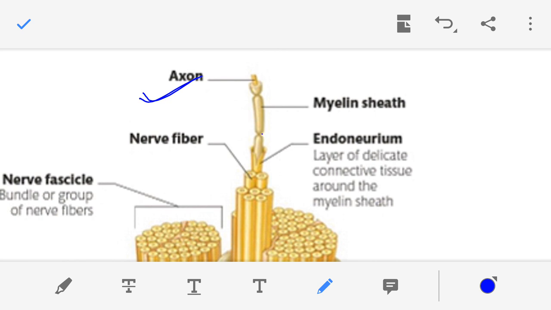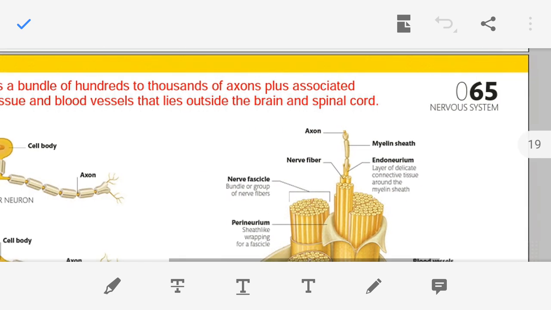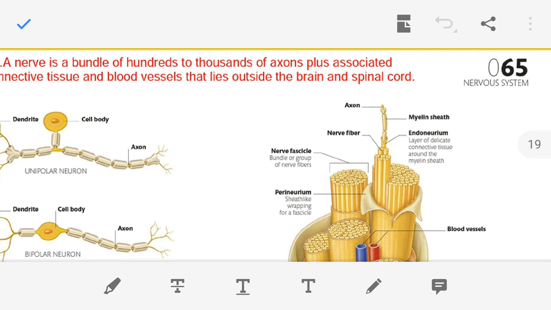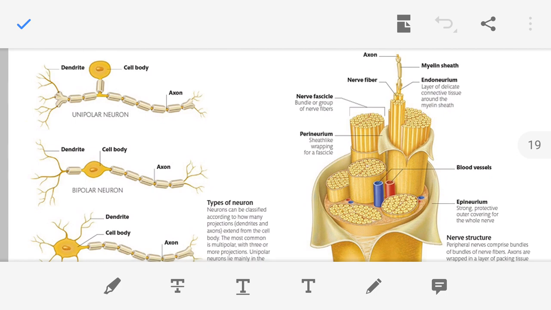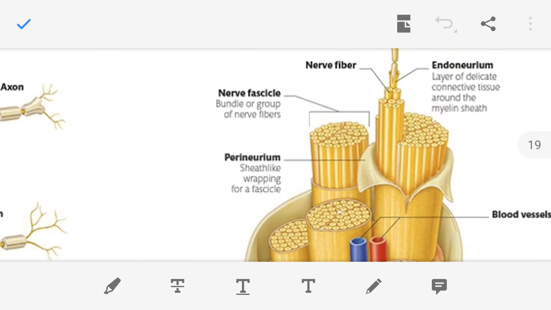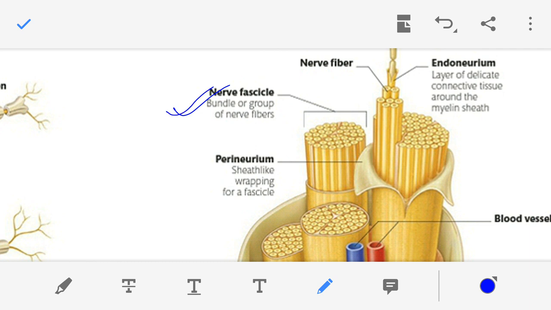Then the bundle of axons, the nerve fiber. Then nerve fascicle. What is nerve fascicle? A bundle of a group of nerve fibers. And what is nerve fiber? Elongated axons. Those are the nerve fibers.